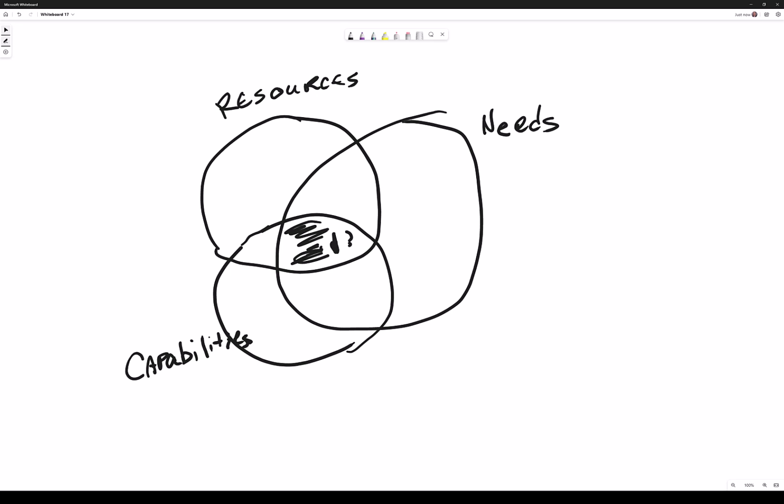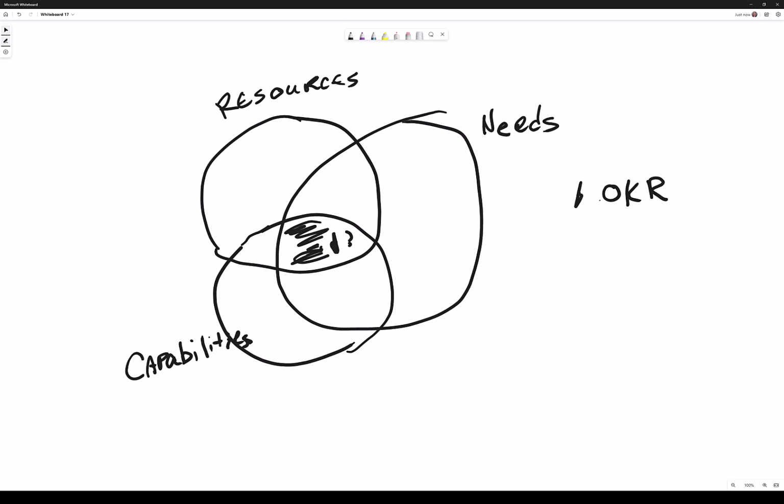This is the place where I can write up OKRs. I can write up an objective and key result and have a reasonable expectation that they can be met, because as in my Venn, I have all three of those together.